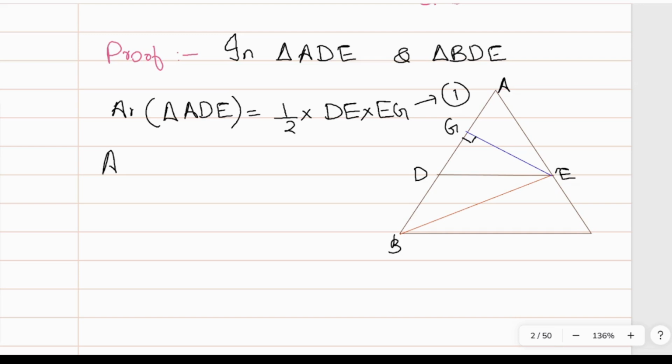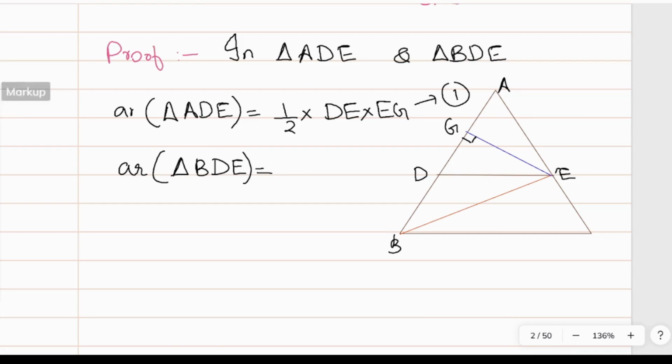And area of triangle, here we have to represent it by small a. Area is written by, okay. Area of triangle BDE. How to find the area of triangle BDE here?